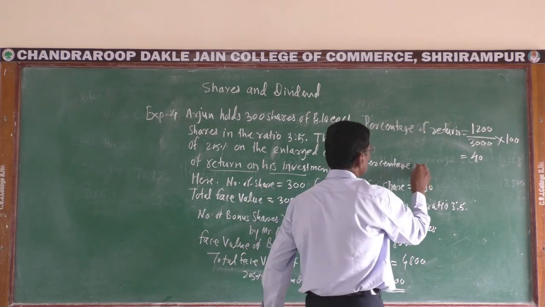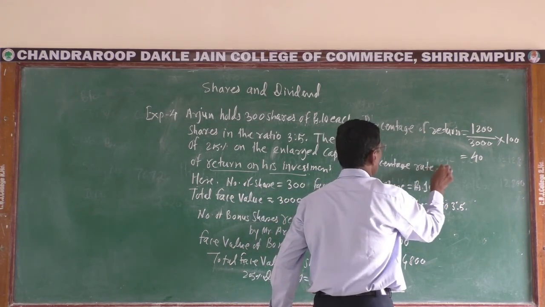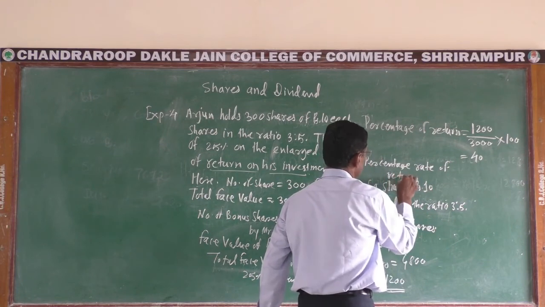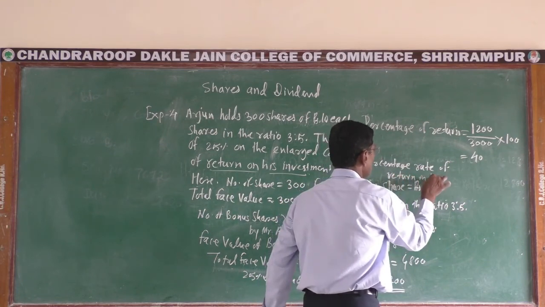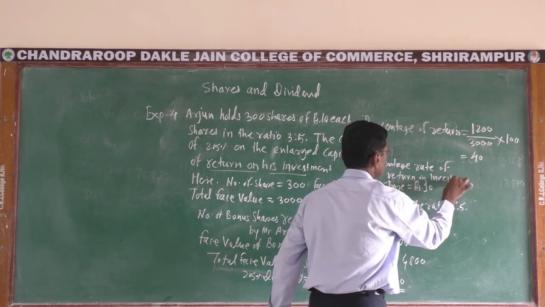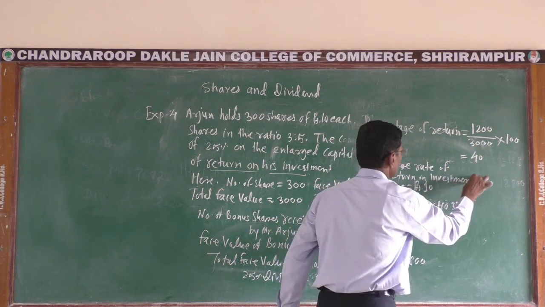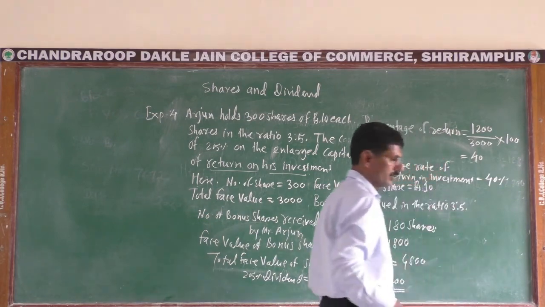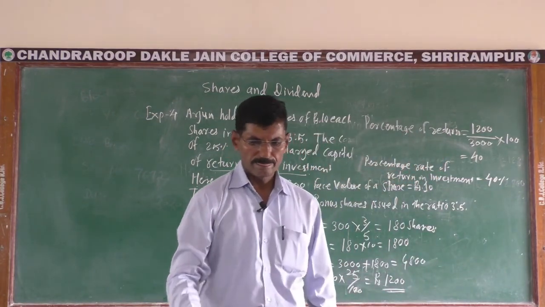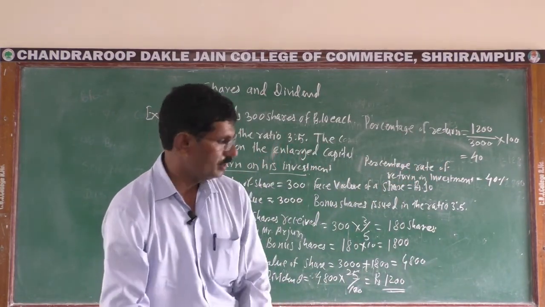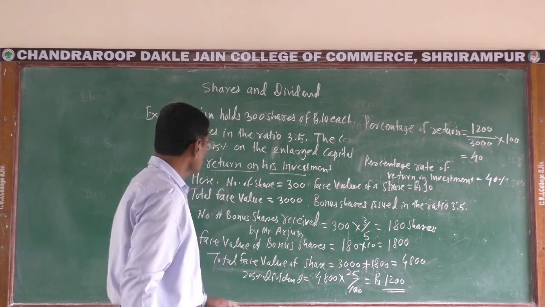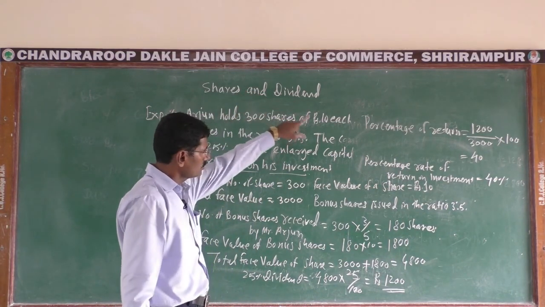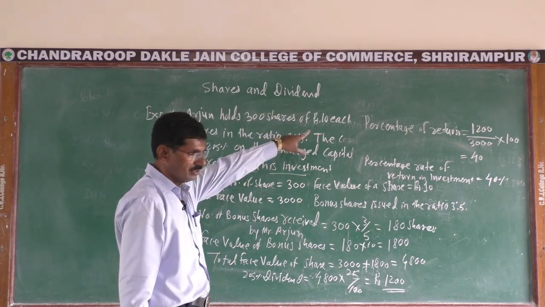Therefore, percentage rate of return on investment is equal to 40%. Okay, so here Arjun invests rupees 3000, that is 300 shares of rupees 10 each.